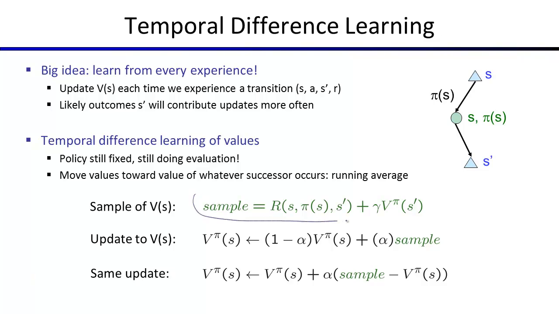Whenever we have a state, action, state transition, it's a sample estimate computed this way of the value of that state, and then we average between our current value estimate and this new sample. Or another way to look at it, we keep the current estimate, but then nudge it a little bit towards the sample, the way the sample deviates from the current value estimate. Sample is higher, then you go up. Sample is lower, it goes down.